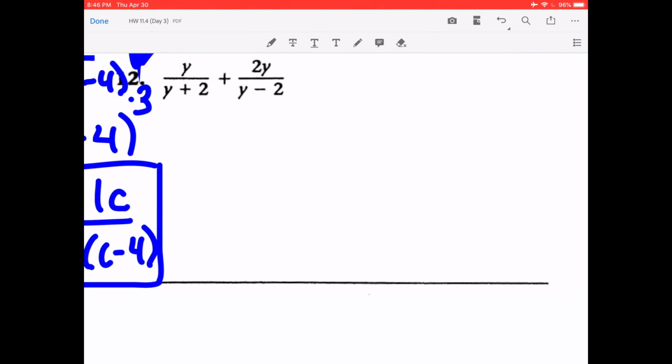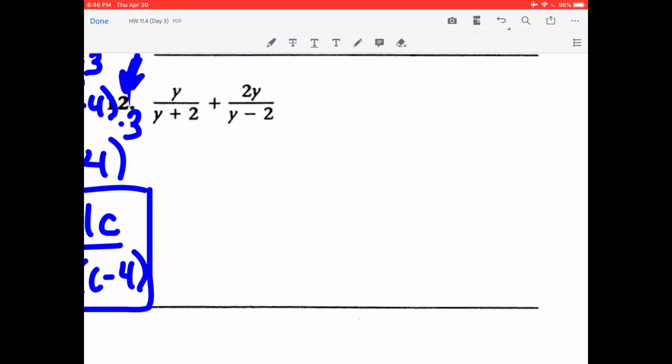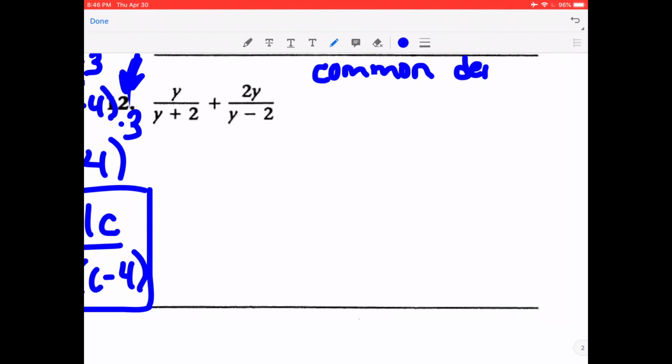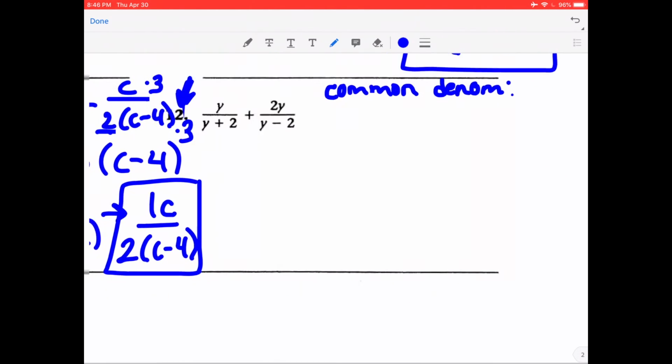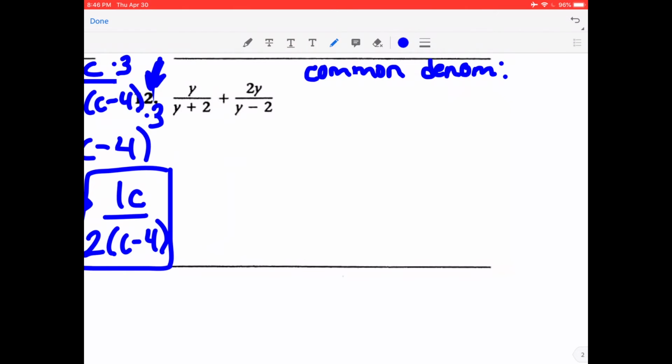All right, so here we go with number 12. All right, this one has nothing to factor, but we still need a common denominator. Okay, so the common denominator is just going to come from those bottom numbers. So my common denominator here in number 12 is just going to be (y plus 2)(y minus 2), because there's nothing else that they share.